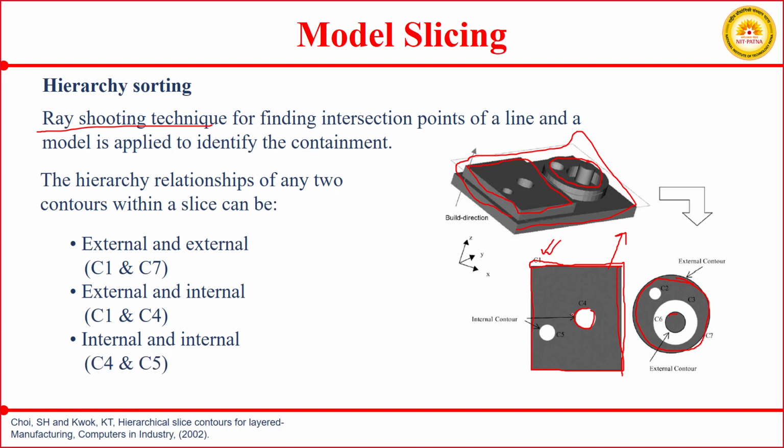C4 and C5 are all internal contours. C3 is an internal contour, C2 internal contour, C6 external contour, C7 external contour. This way we can identify which contour is external and which is internal.